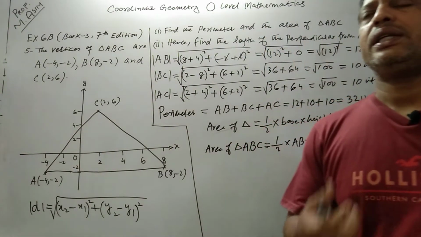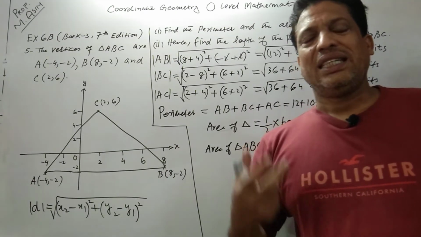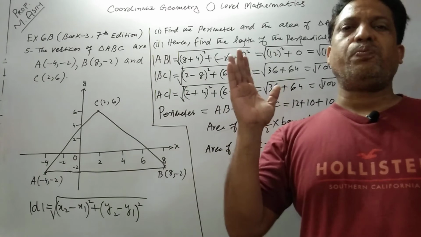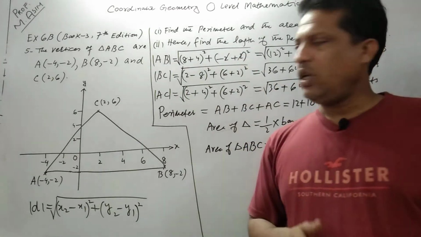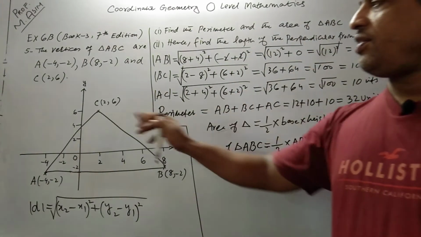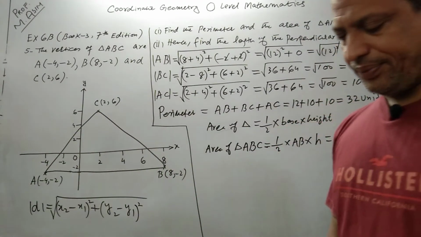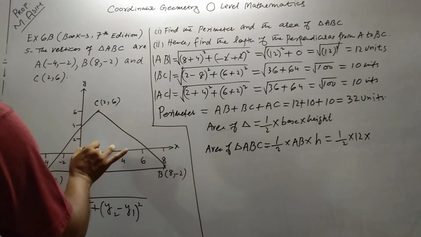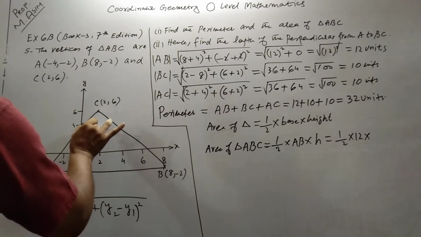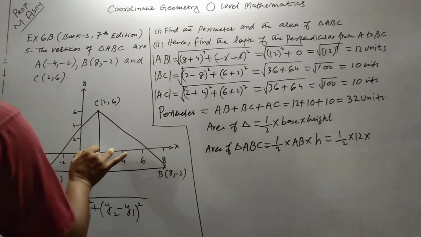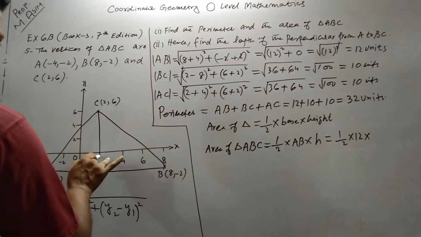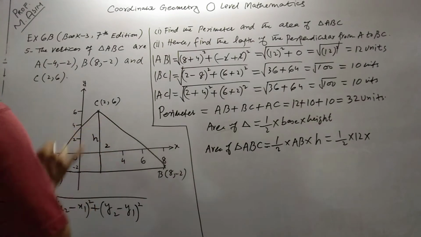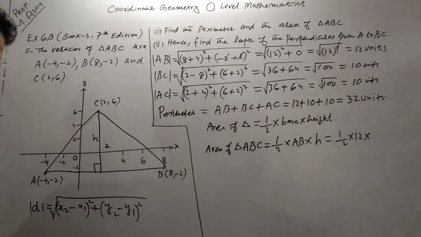Whenever you hear the word height, height means a line which is perpendicular to the base. So if we draw the line from C to AB, see this, is this perpendicular?